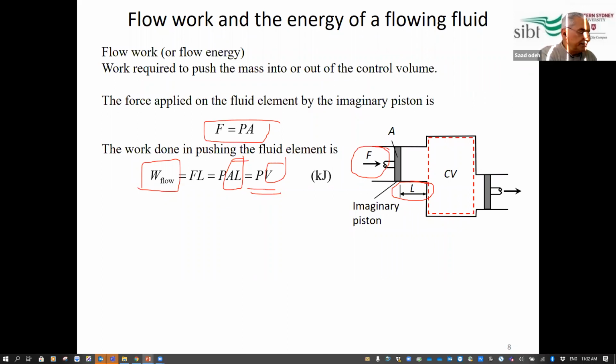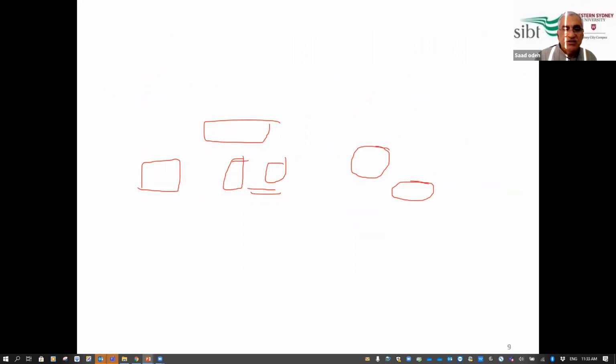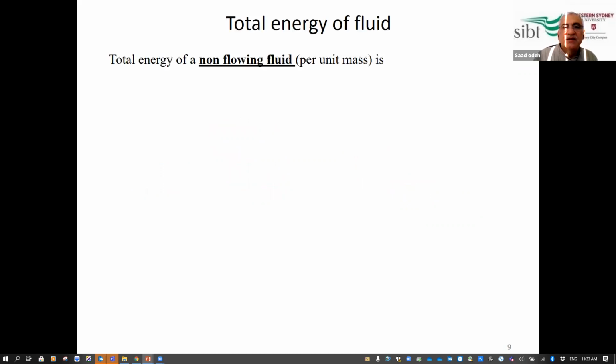Now, this is the equation of the flow work of a fluid. I can add it to the energy equation, and as you will see very soon, this can be reduced to enthalpy. This is the energy equation we mentioned before for a closed system, the total energy of a non-flowing fluid.